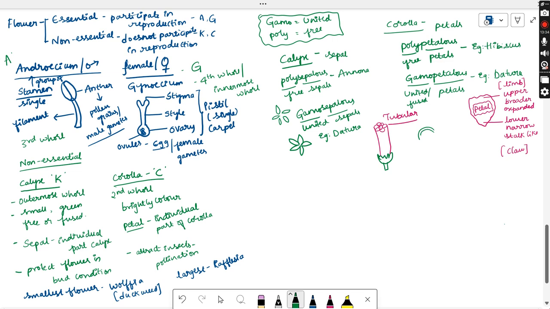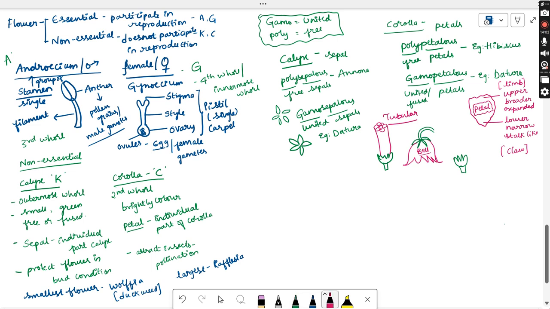So it look like this. So this is stack of the flower, and outermost wall is the calyx, and here the flower look like a bell shaped. So these are bell shaped flower, these are tubular shape, and funnel shaped flowers are there. So they look like a funnel. Kerosene funnel, how does it look?